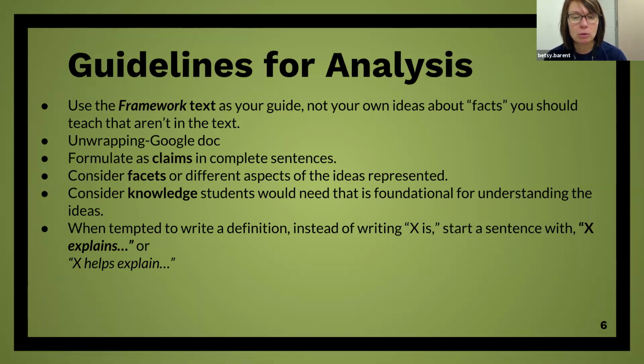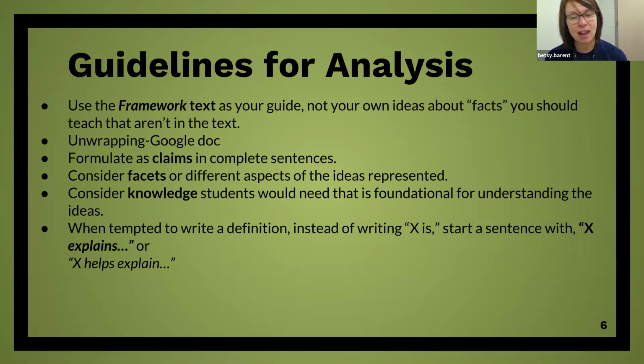We're going to try to then take what we learned from the unwrapping to create some student claims, and those are going to be really helpful for when we're trying to decide what phenomena might be academically productive and which ones might not. When we write those claims, we're going to think about two different things.